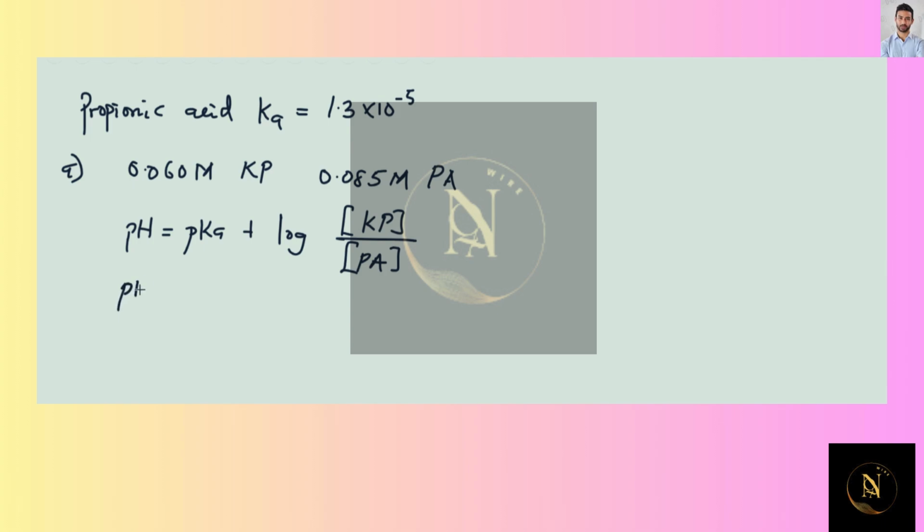The pKa of propionic acid is the negative logarithm of 1.35 times 10 to the power minus 5, so that's 4.88, plus log of 0.060 divided by 0.085. So the pH will be equal to 4.72.